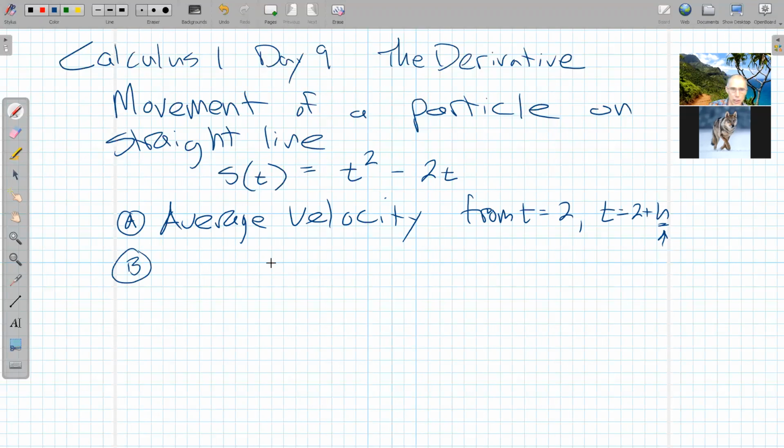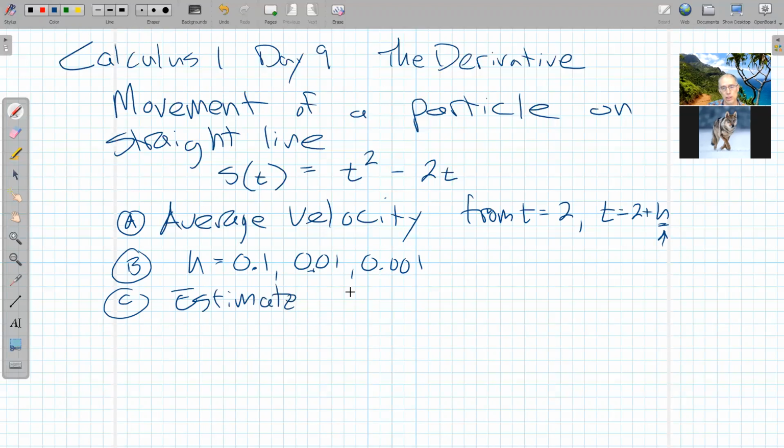And so we'll try a geometric pattern where h is going to be 1/10, and then 1/100th, and then 1/1000th. And then we want to see if, based on that, we can estimate the instantaneous rate of change. So that's what we're going to do.